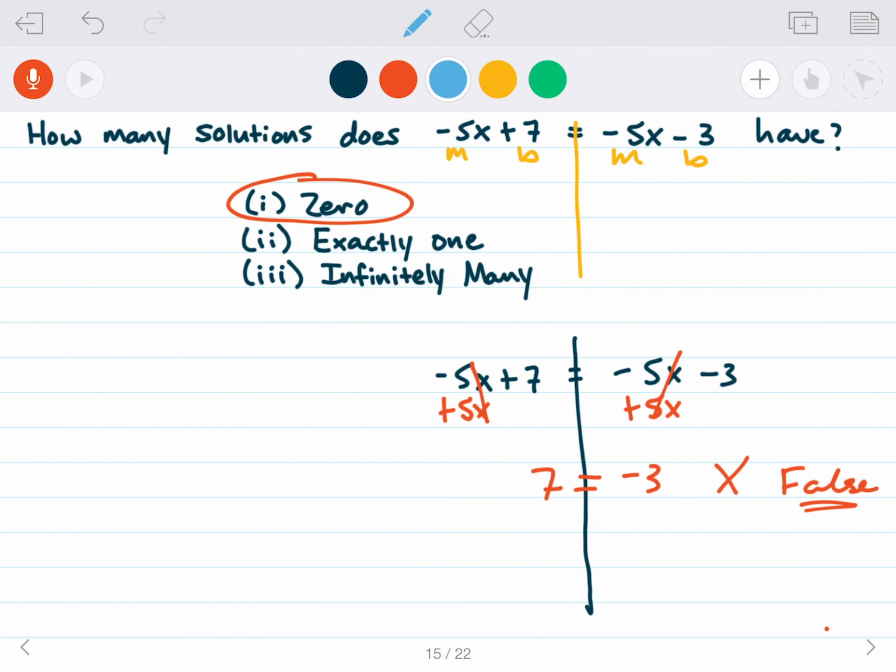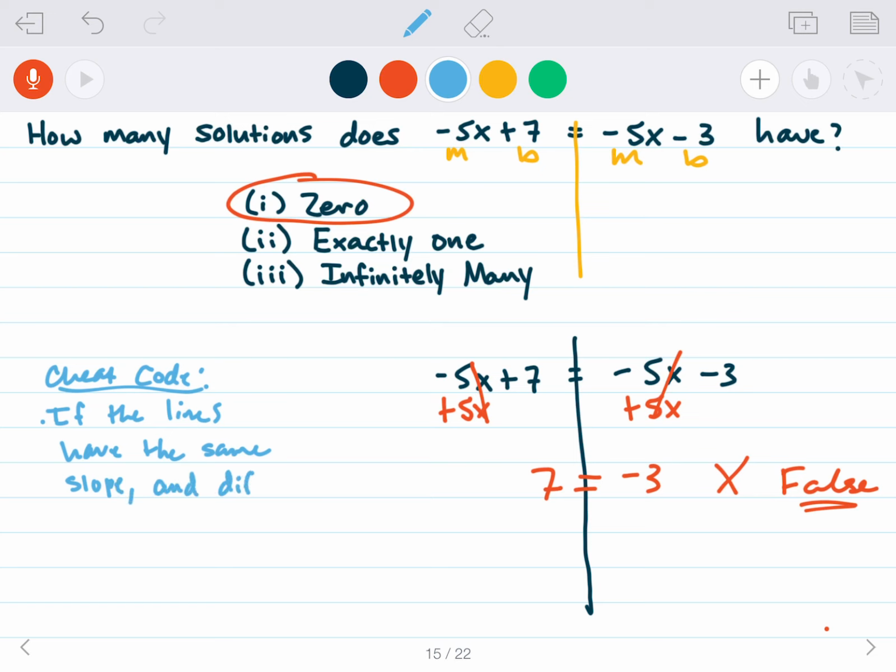So this is a cheat code that I'm going to give you guys. If the lines have the same slope, the same steepness, and different y-intercepts, we have no solution, 0 solutions.